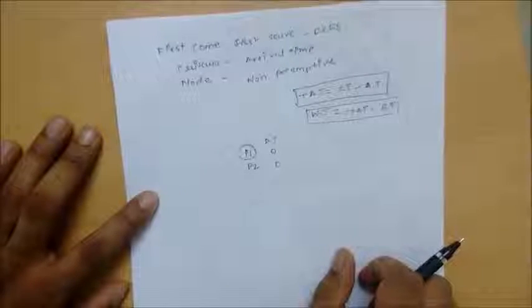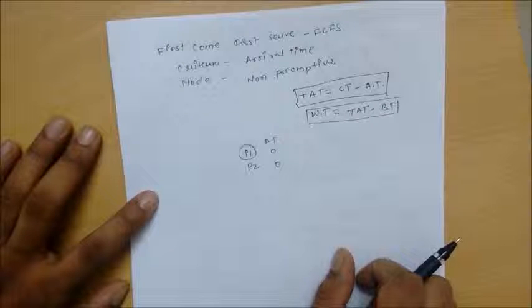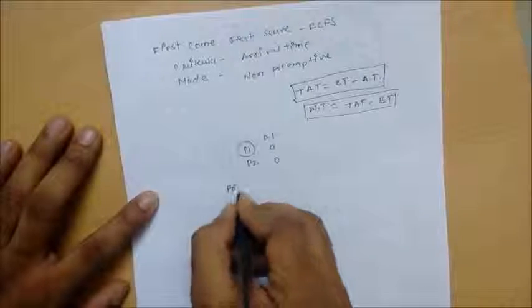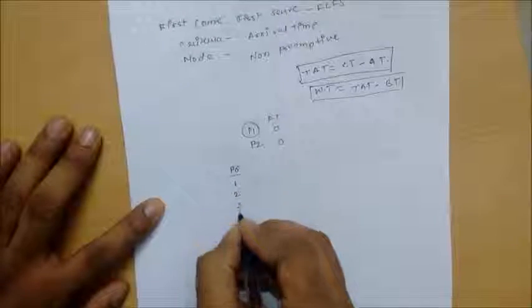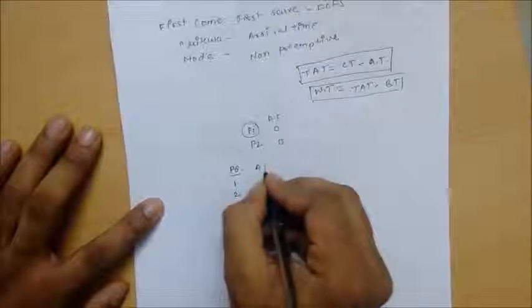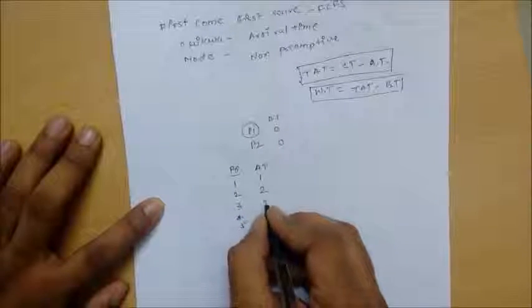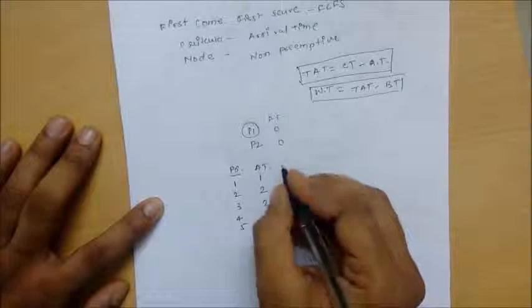So we'll take an example here. Then I'll tell you how to solve the question. Suppose there are processes 1, 2, 3, 4, 5. Their arrival time is 1, 2, 2, 3, 4.